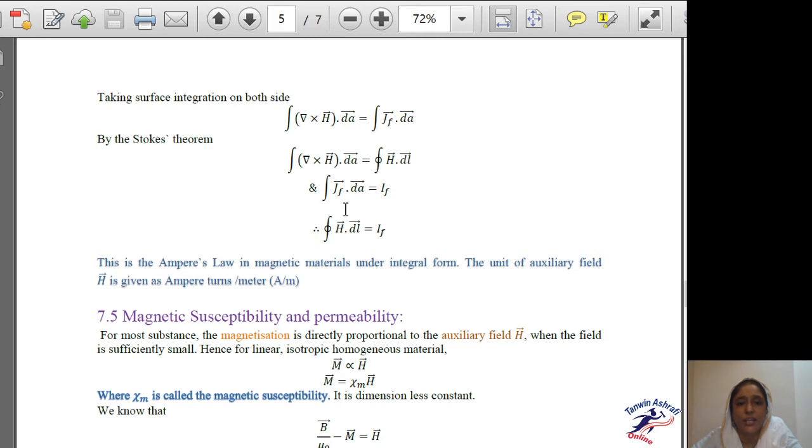We get the integration over a closed path of H dot dl equal to I_f. This is Ampere's law in a magnetic material in integral form. The unit of the auxiliary field H is ampere-turns per meter.